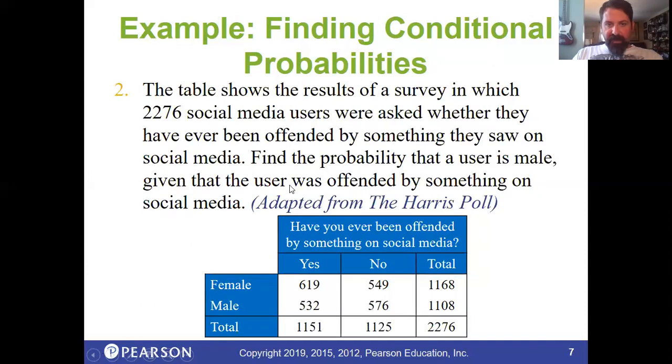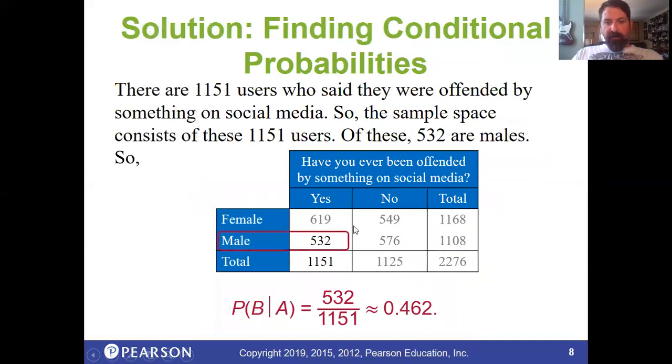Because it said given they were offended, so they must have said yes, so I must look only at here. Now we're going to find the probability they're male given they're in this column of data. The probability that they're male would be 532 out of the total number who had said yes, because it said given they have been offended. So you get, if you run the calculation, 0.462 or just over 46%.